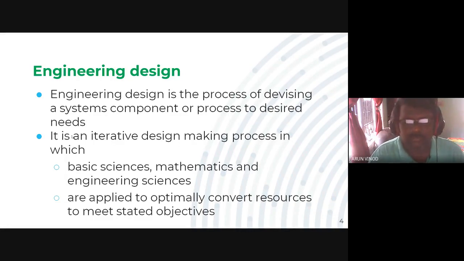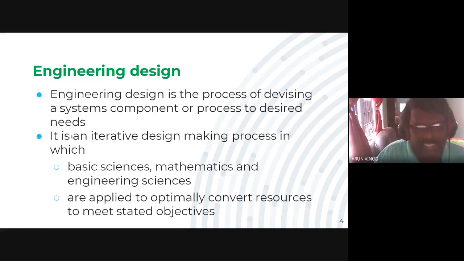So you identify the system components and make a process of it. That process will help you develop the product. So engineering design is a process of devising a system component or a process to meet design needs.